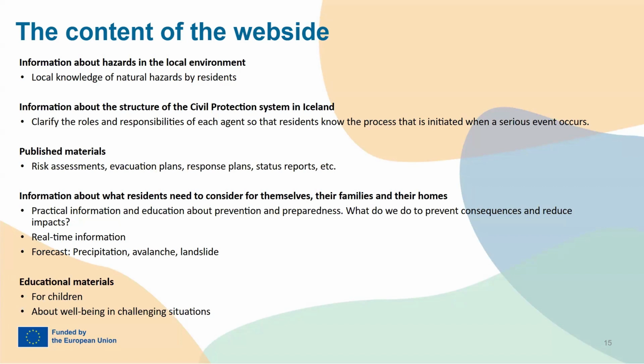So they need practical information and education about prevention and preparedness. They need real-time information. That was something they found crucial. And of course, the forecast, both about precipitation and about the danger from landslide or avalanche.